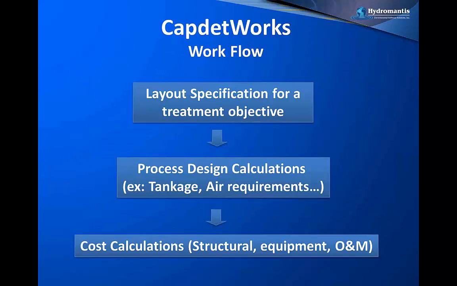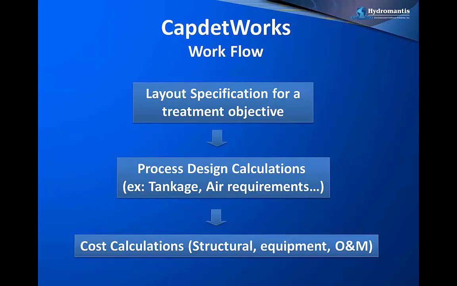If we look at the workflow for the CapdetWorks, there are primarily three steps. The first step is layout specification for a treatment objective. So once you have your treatment objectives, for that particular objective, you are going to build a layout in CapdetWorks and specify some of the design conditions which you would like to have. Also make adjustments to some of the parameters that are required for costing the layout.